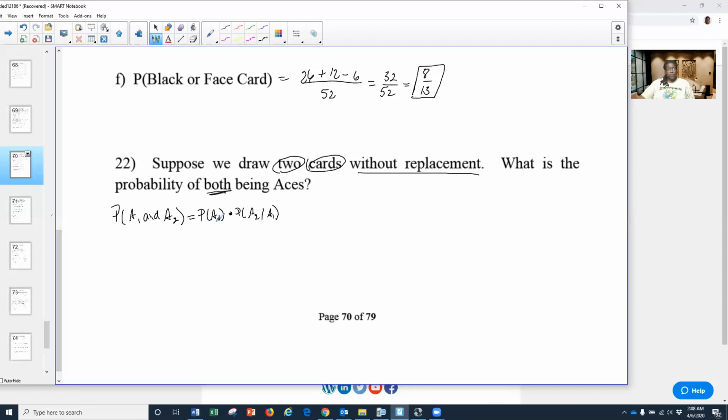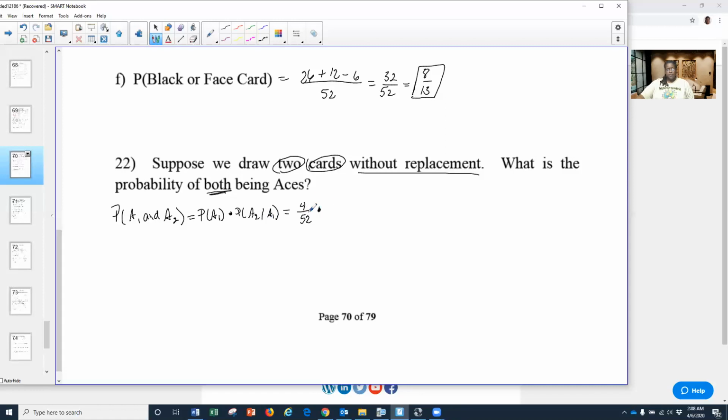So if this turned out to be an ace, then the probability of ace of 2 happening. How many aces do we have in the deck? We pull 4 out of 52.